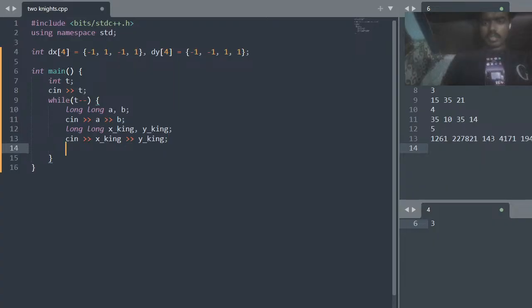This will happen, then queen, right, x queen and y queen, right. So x queen and y plus y queen, right, and then like sin x plus queen.